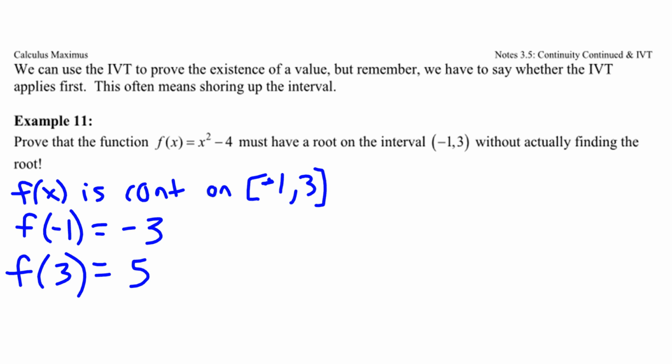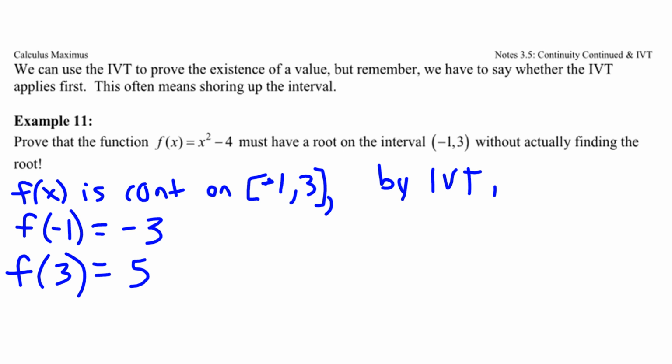So that means by the IVT, f of x must hit every value between -3 and 5. Okay, we need to write that by the IVT. Since f of x is continuous, we have these function values by the IVT.